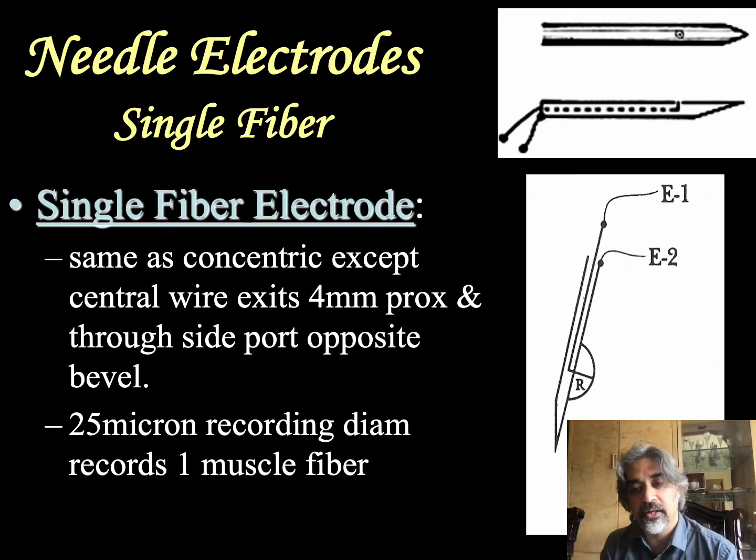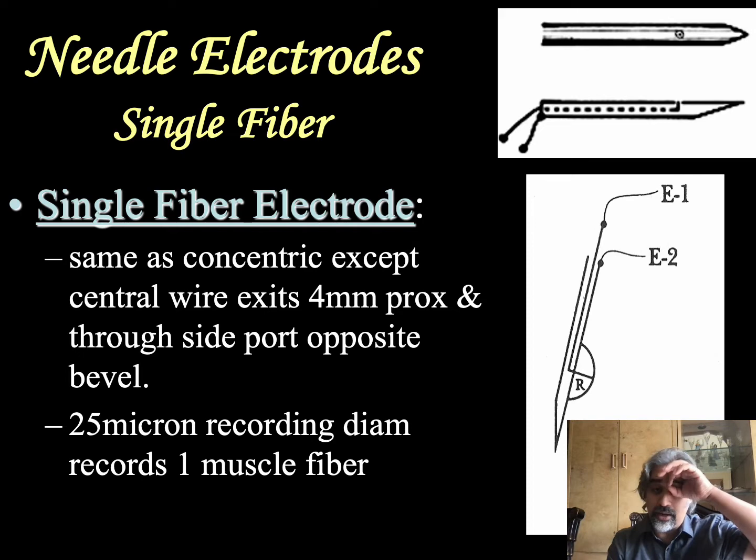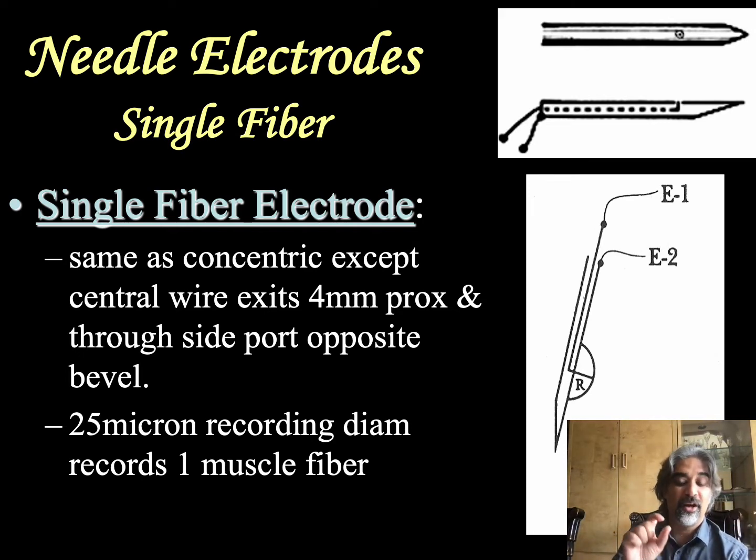In conjunction with an elevated low frequency filter, the diameter of the recording surface is very small, 25 microns, and that's small enough to record one single muscle fiber action potential. And so this is why this is called a single fiber electrode, because you can actually see single fibers of a specific motor unit, whereas with the other ones we talked about, you can only see the summated motor unit action potential.